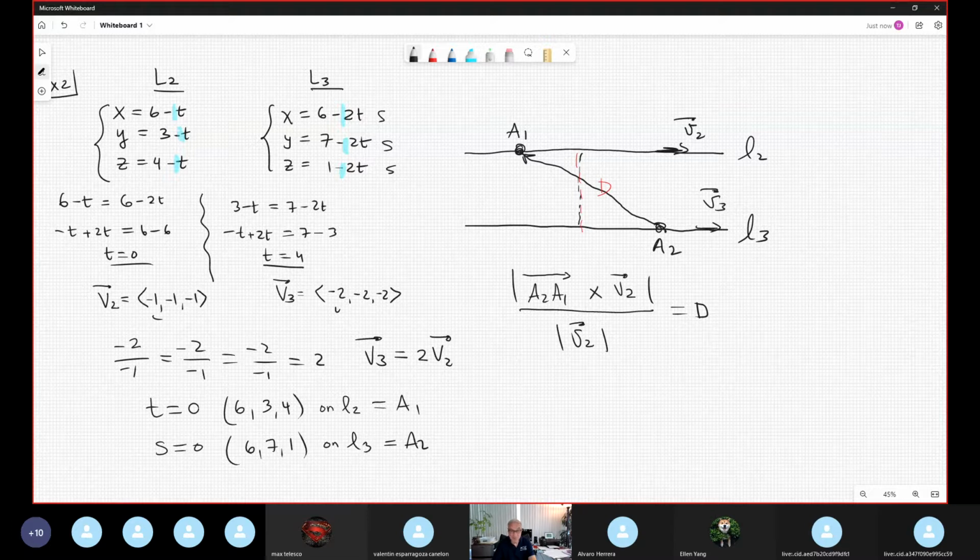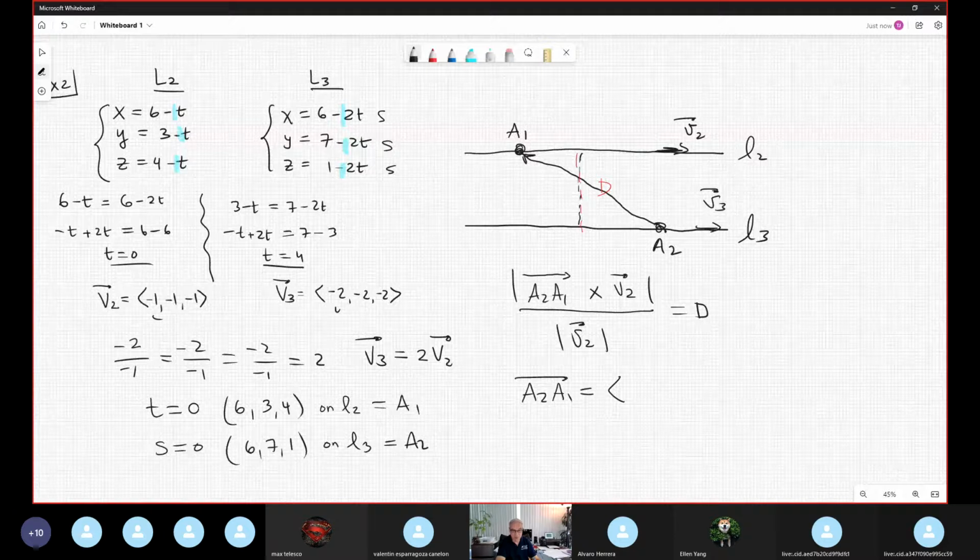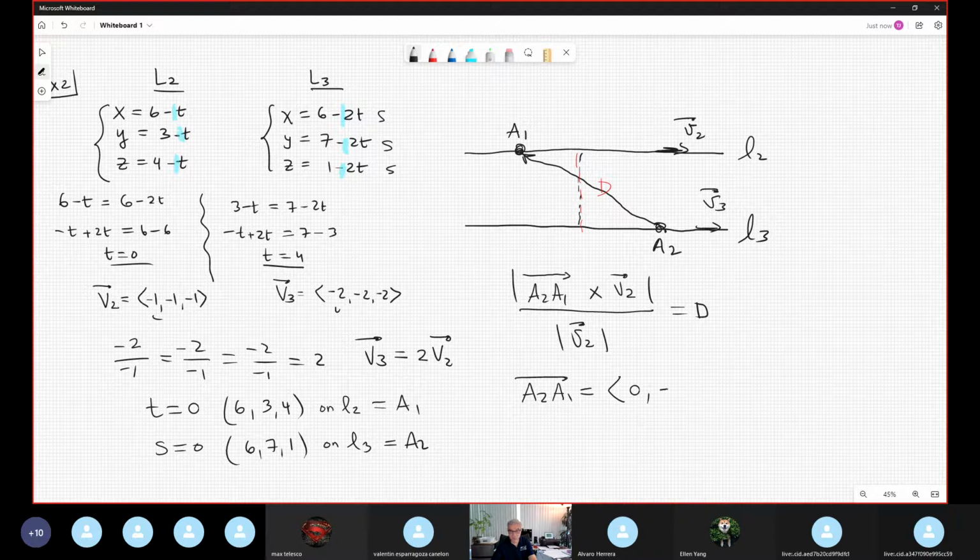Now I try to find the vector A2, A1. We have two points, so this is the vector in between two points, right? You subtract: 6 minus 6 is 0, comma, 3 minus 7 is negative 4, comma, 1 minus 4 is negative 3.